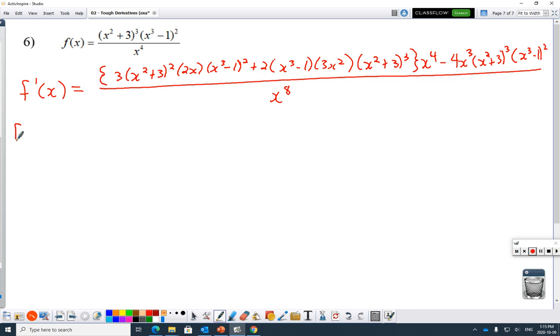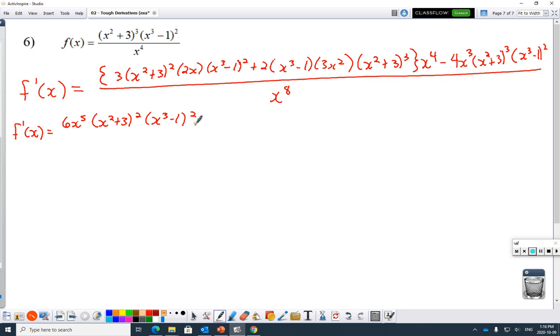And writing small enough to try and finish this whole line on one line here. So this first one has a 3 and a 2x, but also an x to the fourth times that whole bracket. So 6x and an x to the fourth, that's 6x to the power 5. And then I've got this x squared plus 3 squared, and this x cubed minus 1 squared.